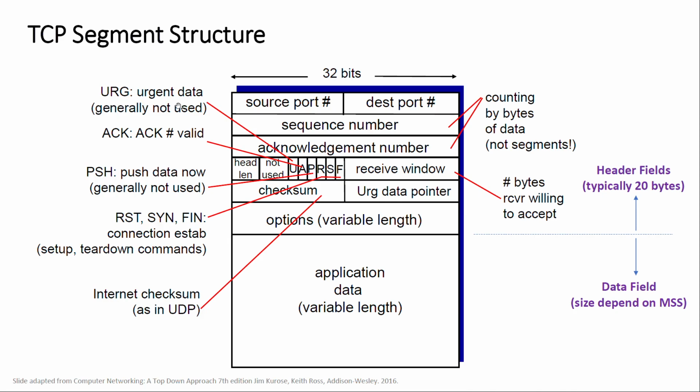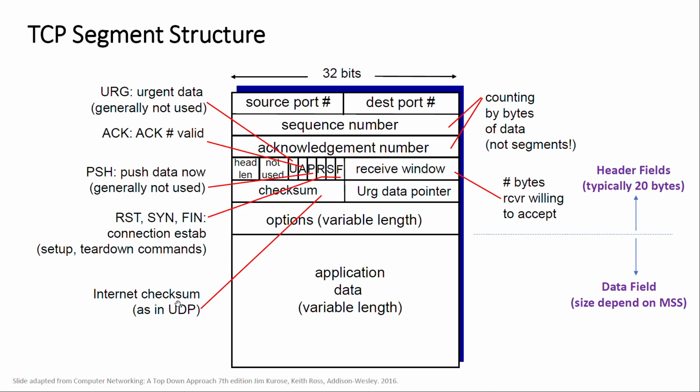U is for urgent data, generally not used. A is for acknowledgement number validation. P is for push data, also generally not used. And these are for connection establishment, setup and tear down commands. FIN is for finishing, SYN is for initiating, and so on.